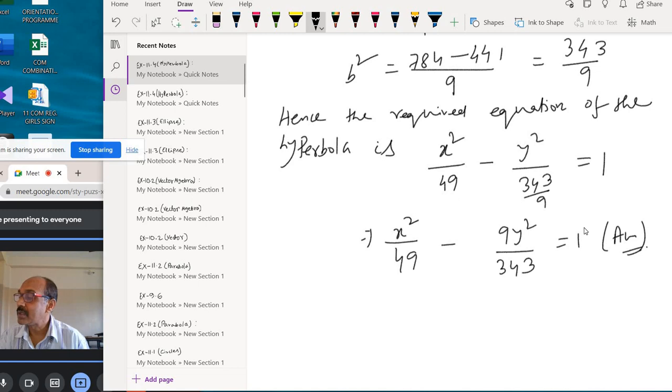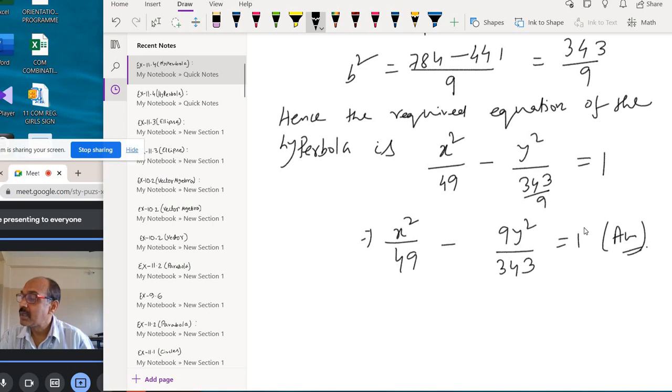Next is question number 15: focus is 0, plus minus root 10 and passing through the point 2, 3. This is which type of equation? Type 2: y square by a square minus x square by b square equal to 1.